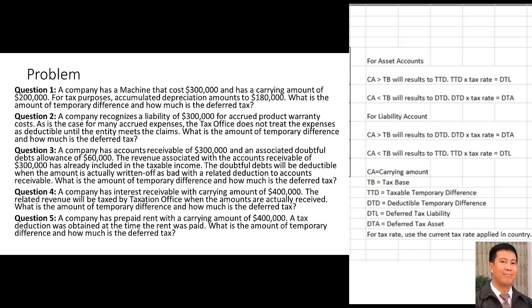Now, most of the accrued expenses, especially accrued warranty cost, as per taxation's view, should not exist. Warranty expense should only be recognized when paid. Clear? I hope you're getting that. As per accounting, we are doing accrual.